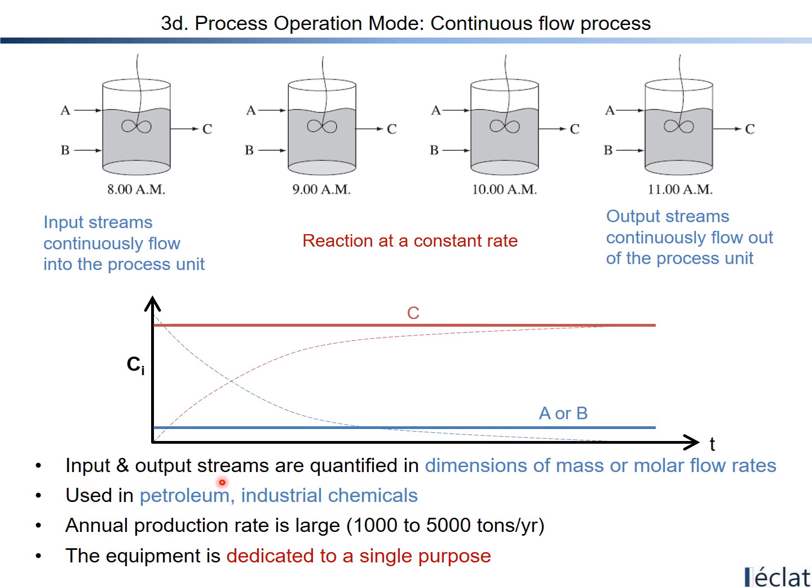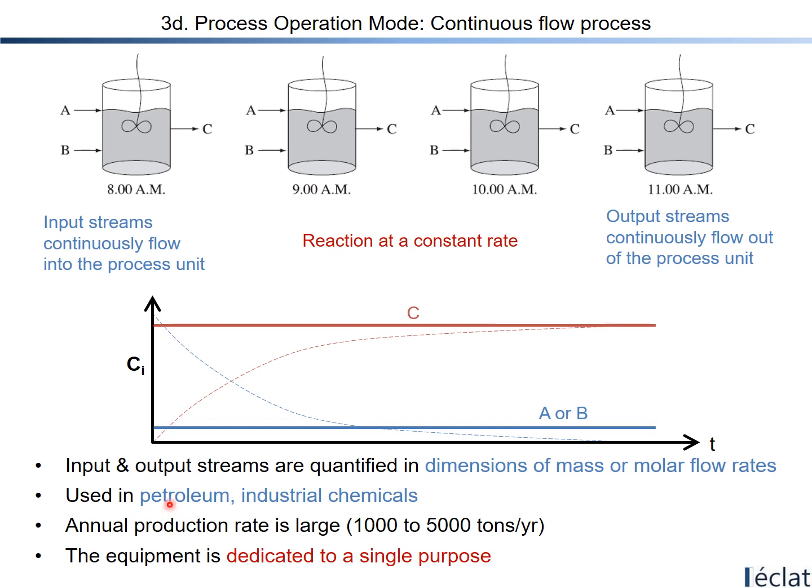Input and output streams are quantified in dimensions of mass or molar flow rate. For the continuous flow reactors, we should use the flow rate instead of just the amount, because we are introducing something continuously, we are getting something continuously. So instead of amount, we need to characterize the streams by the flow rate, like mole per second, kilogram per minute, or something like that.